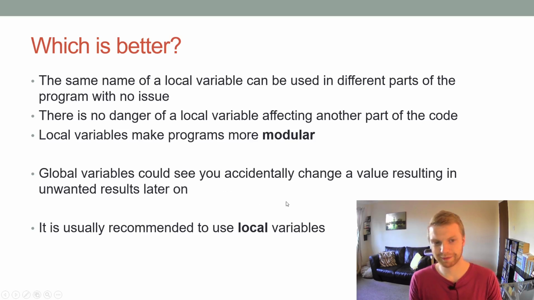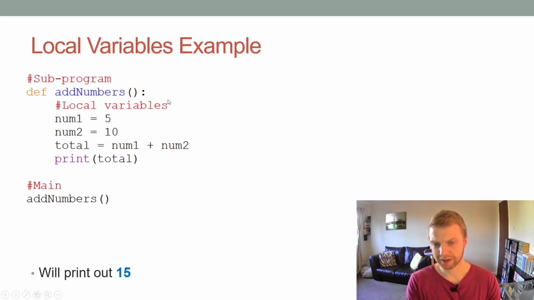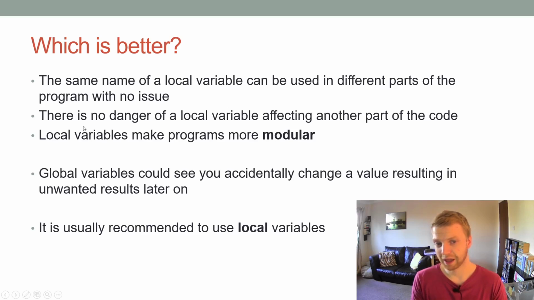I've written a slide about it. So yeah, basically just what I was saying. The same name of a local variable can be used in different parts of the program with no issue. I forgot to mention that. So if you want to use num1, num2, you can make another one called multiply numbers and just use num1, num2, and these can be 2 different numbers there, and it won't make a difference.